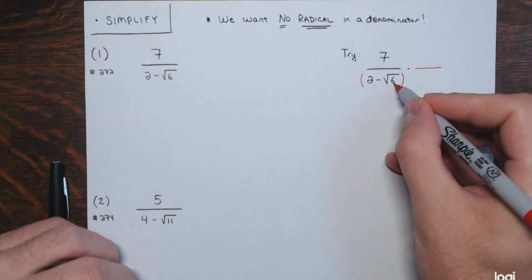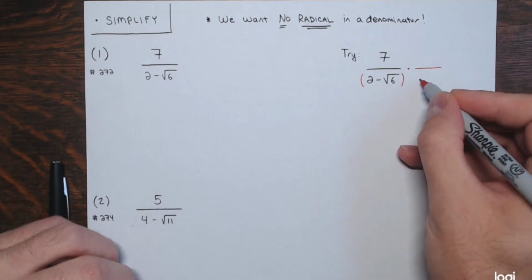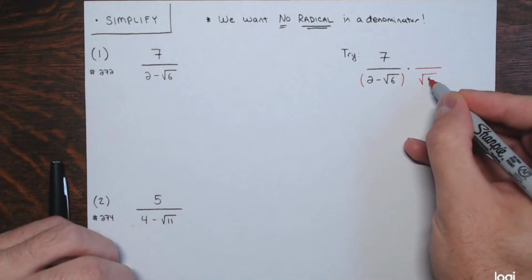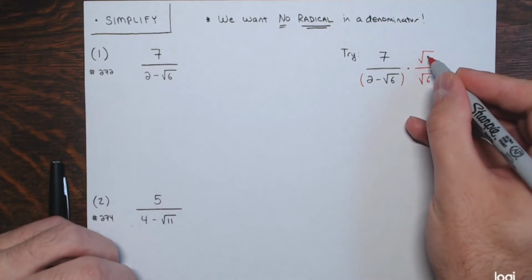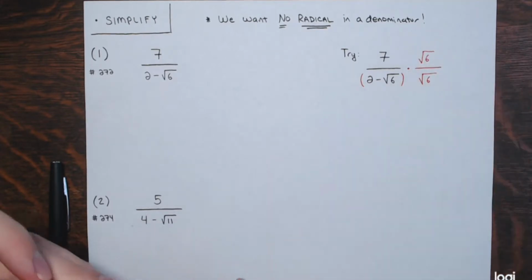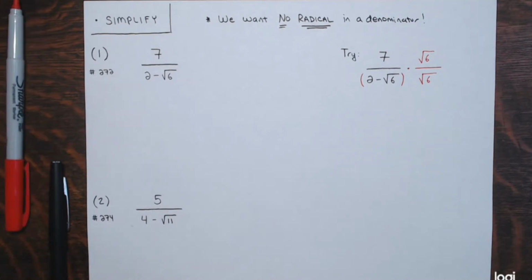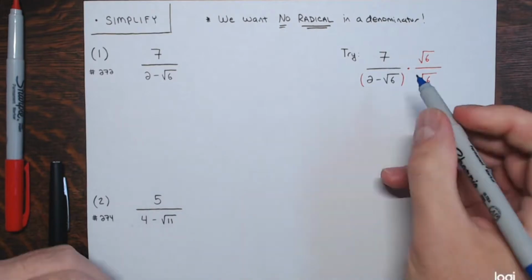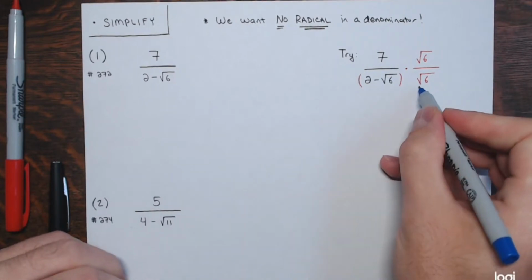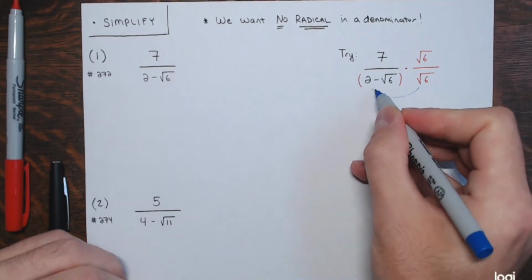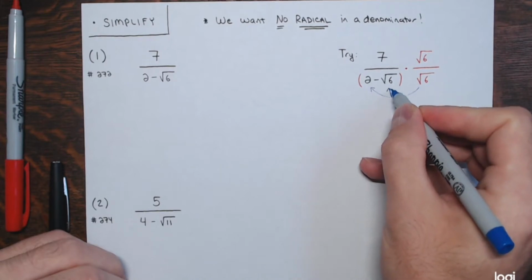I see the square root of 6 in the denominator, so I'm just going to multiply the numerator and denominator by the square root of 6. Now be aware that this is not going to rationalize the denominator, because the denominator has multiple terms. This square root of 6 needs to be distributed to both those terms.